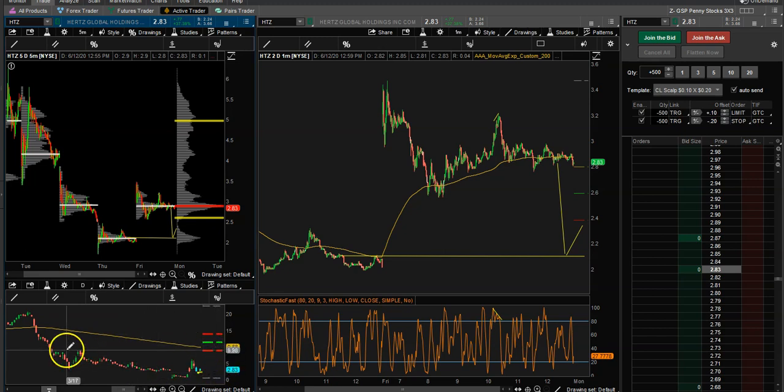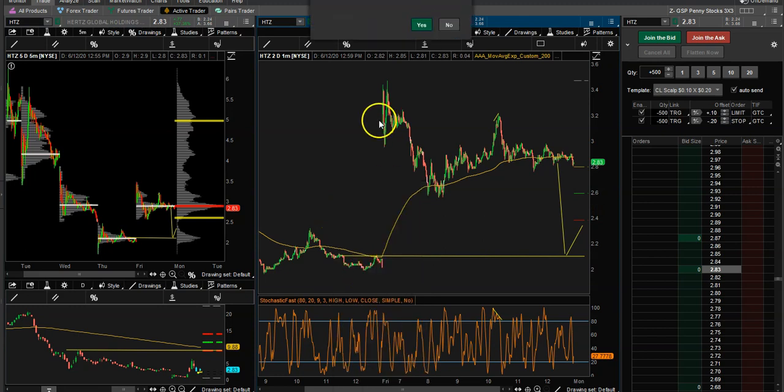If we're rallying, maybe price will get stuck up at this 870 level or $9 level, if we did make another run up. So you have all your tools in one place: easy order entry, the 1 minute chart, the 5 minute with market profile, and then the daily chart with Fibonacci levels, right?